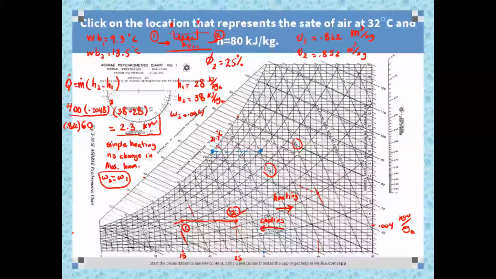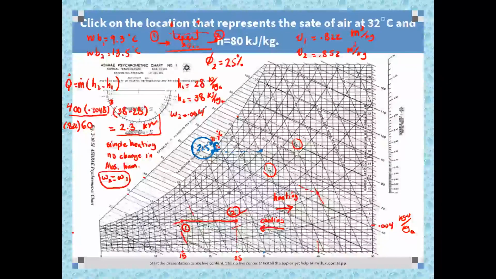So this is 20, 20.5. This is actually 21. Do you agree? Yeah, let's say 21.5. So the answer is 21.5.